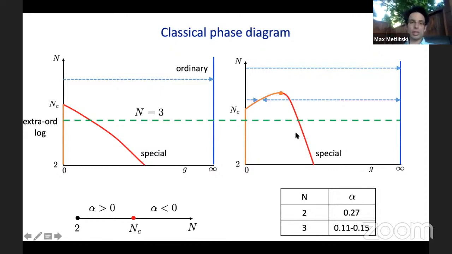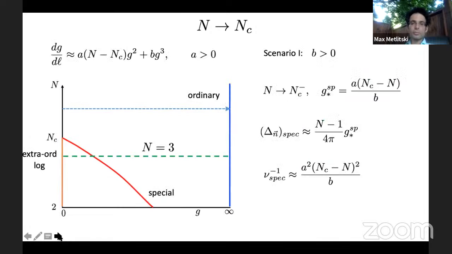Now, which one of these two scenarios is realized? Is it the one on the left or the one on the right? Well, I think there is probably not enough numerics to answer this question without doubt. But if I had to put my money, I would put it on the scenario on the left here, because in this scenario, remember, as n approaches NC, the special transition occurs in the perturbatively accessible regime, and in particular, these two exponents should become small as n approaches NC.